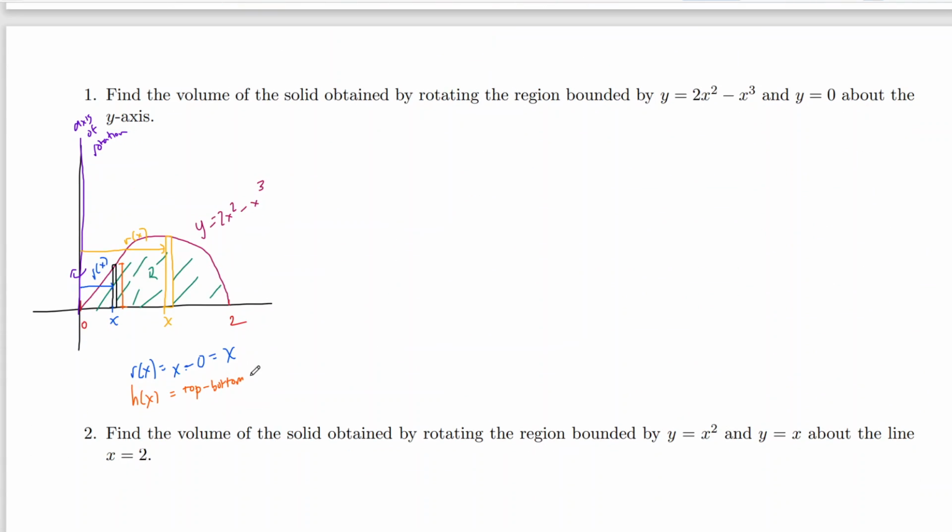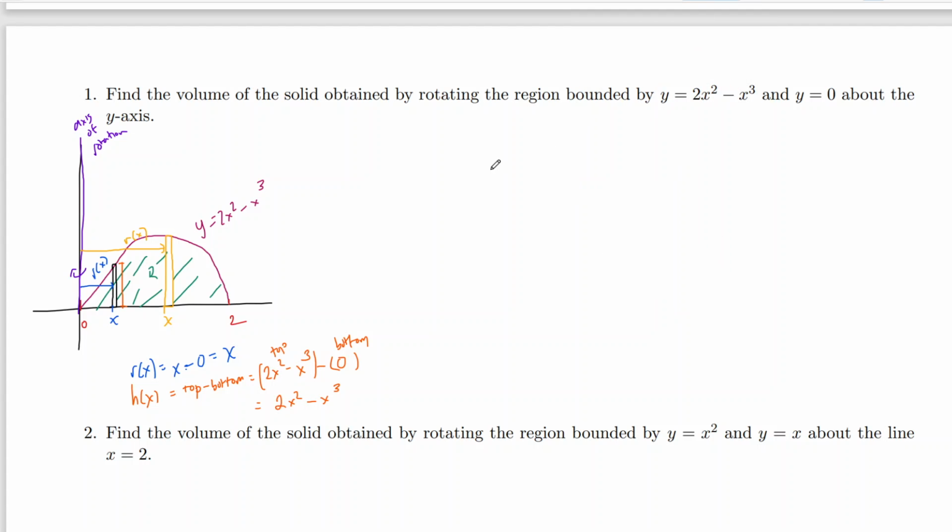And we just do top minus bottom. The top is the function, which is 2x squared minus x cubed. And the bottom is the other function, but it's the x-axis, which is y equals 0. I'll put parentheses around each to clarify this is the top and this is the bottom. But when we simplify, it's just the 2x squared minus x cubed.